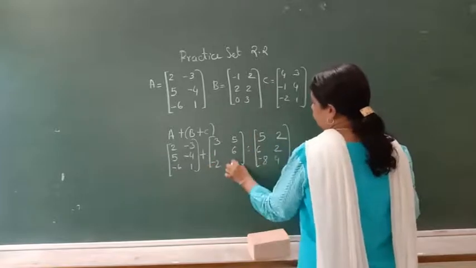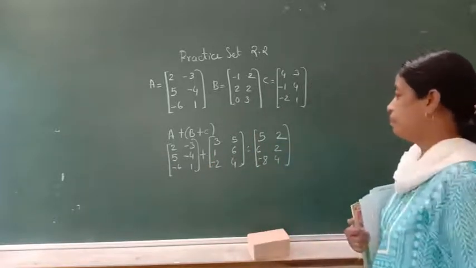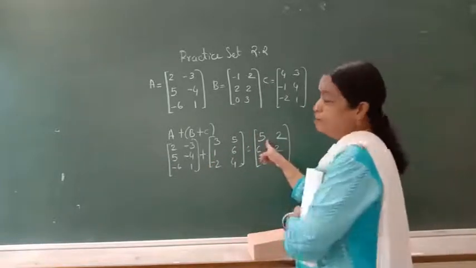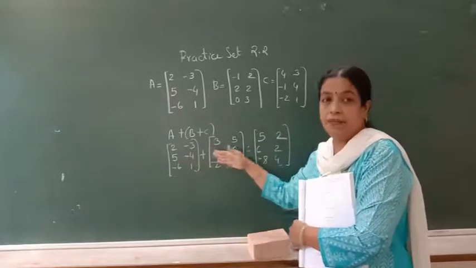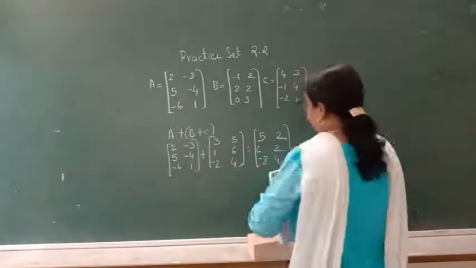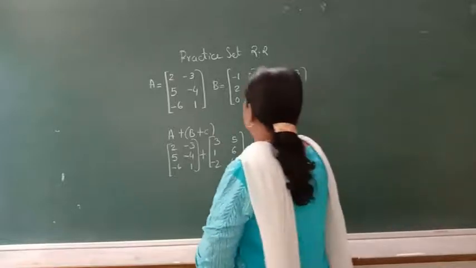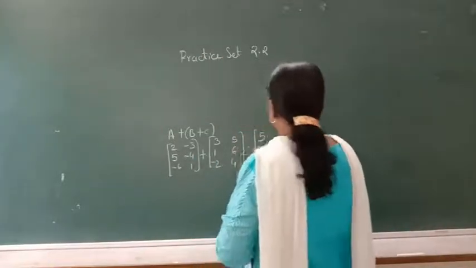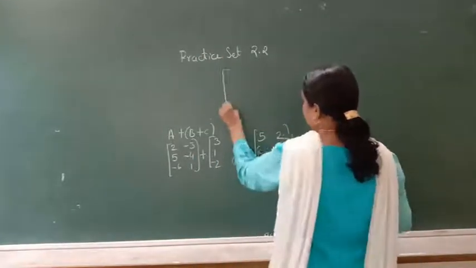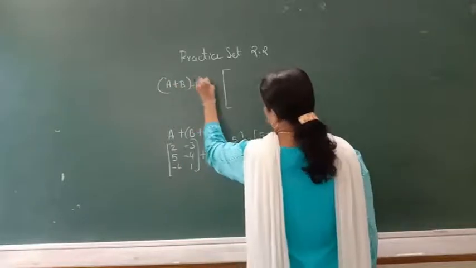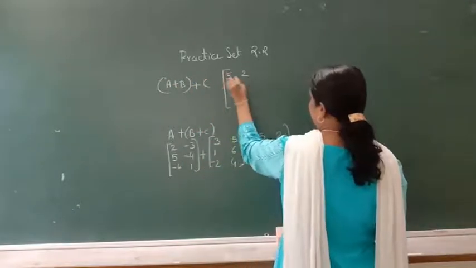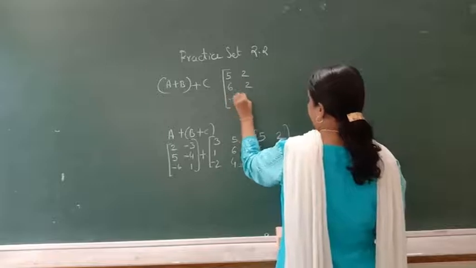3 plus 1, 4. Now we will see whether it comes to this or not, because this was our previous answer. The value of (A plus B) plus C is [5, 2; 6, 2; -8, 4].